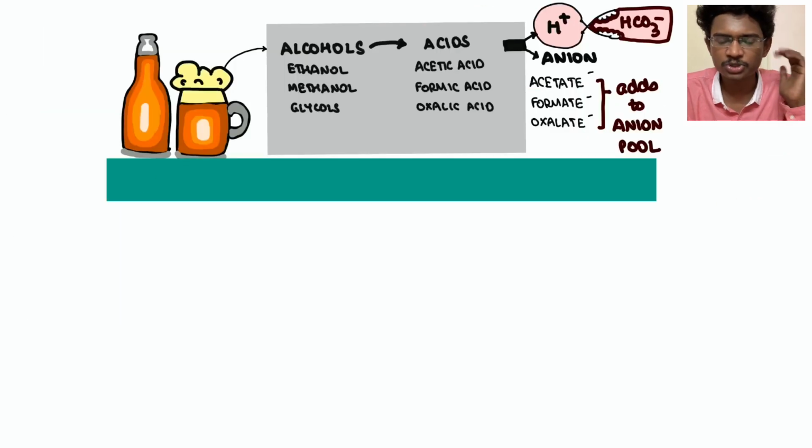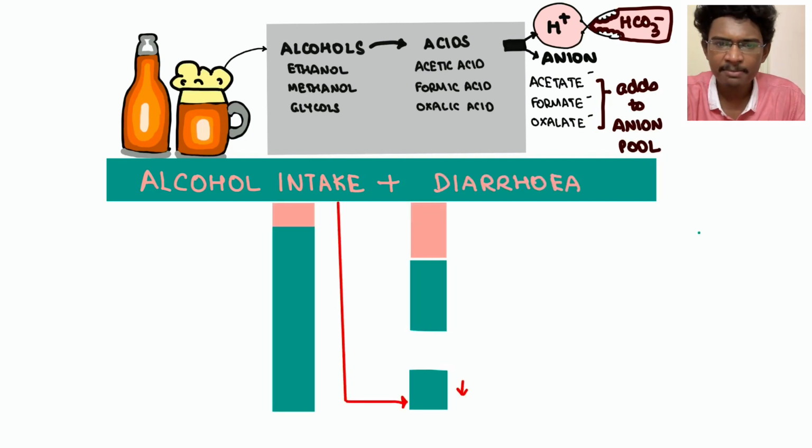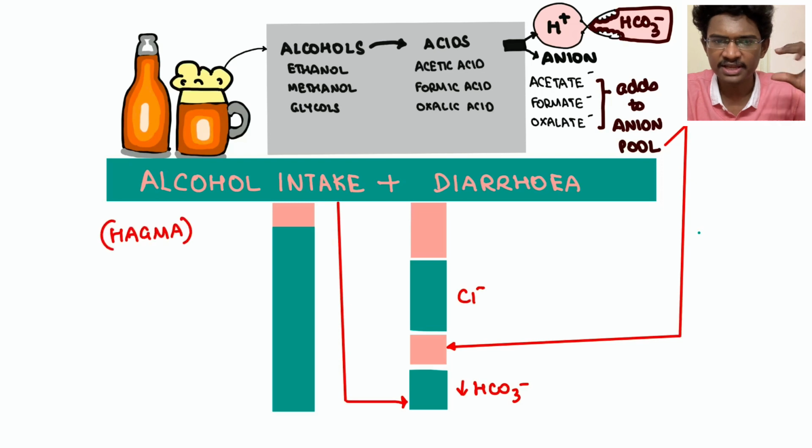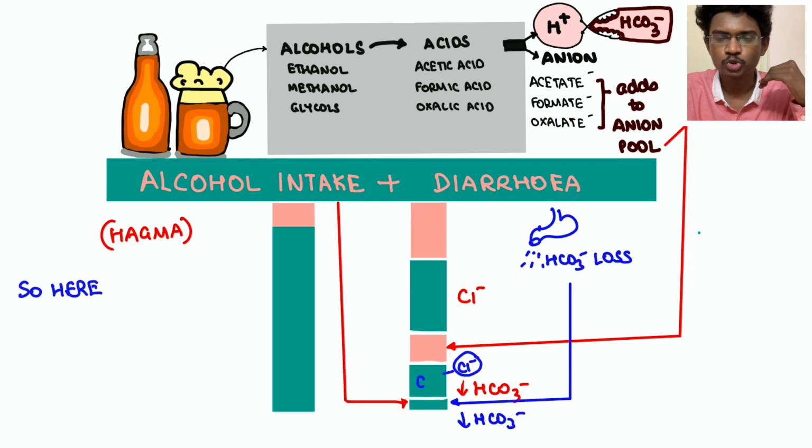Then the next example: the same alcoholic ketoacidosis patient is having multiple episodes of diarrhea. What happens here? The same alcoholic ketoacidosis will increase the anion gap and will cause a fall in bicarb. But he is also having diarrhea, meaning bicarb is lost further from his body. So bicarb is very minimal here.